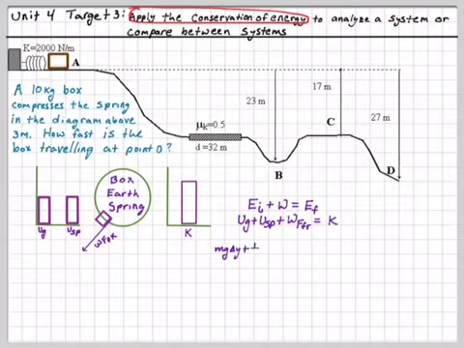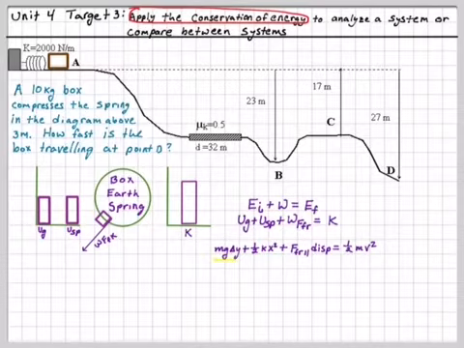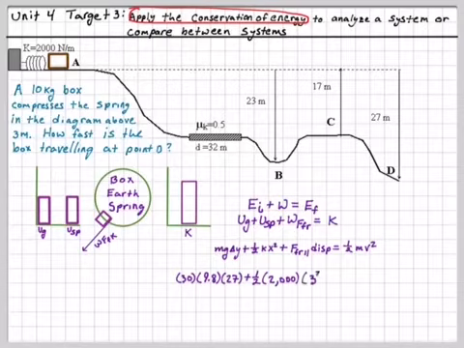Okay, so let's go ahead and elaborate on our equation. We know UG is mgh, or mg delta y. We know U spring is 1/2 kx squared, and we know that work is the force parallel times the displacement, and kinetic energy is 1/2 mv squared. So we have a lot of those values, and we can plug a lot of them in, like mg delta y.